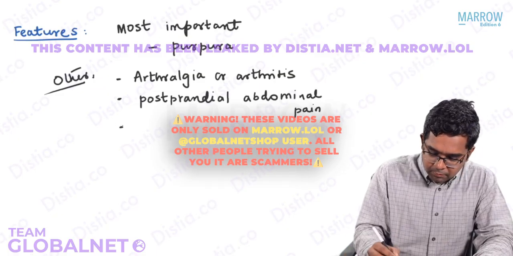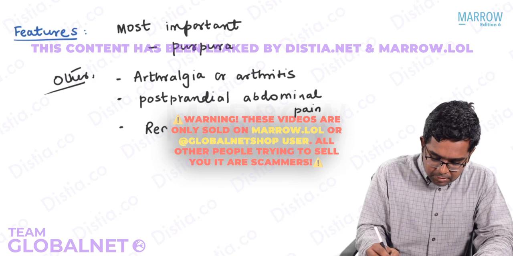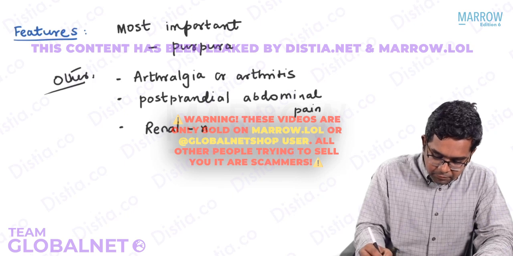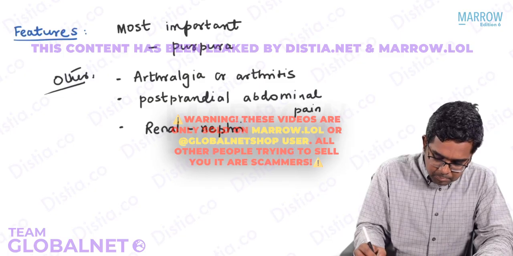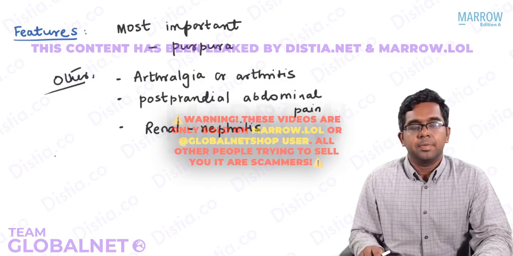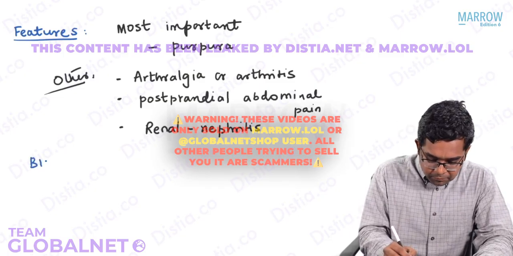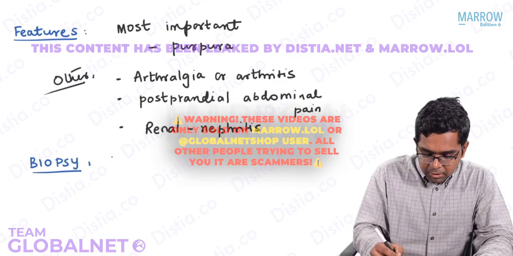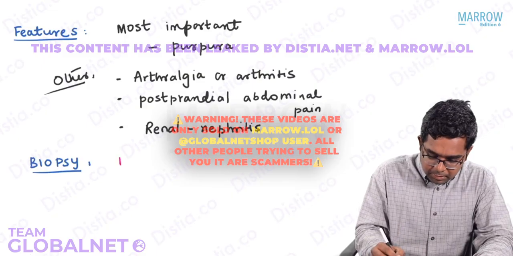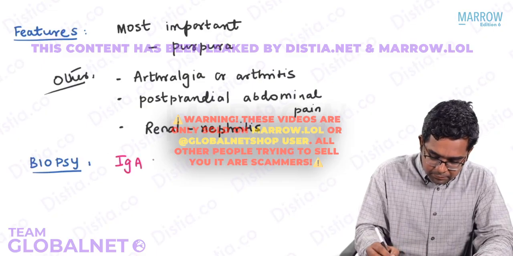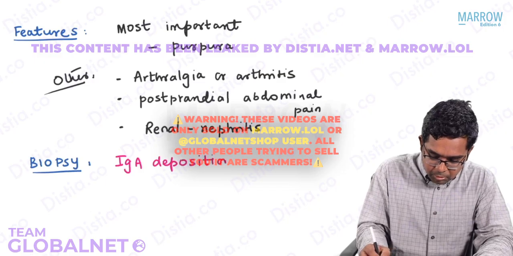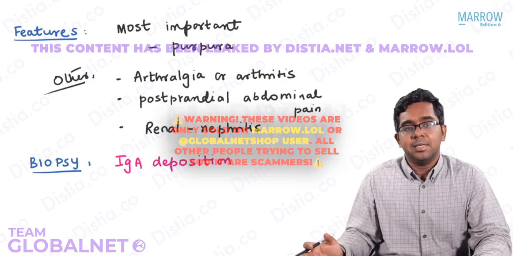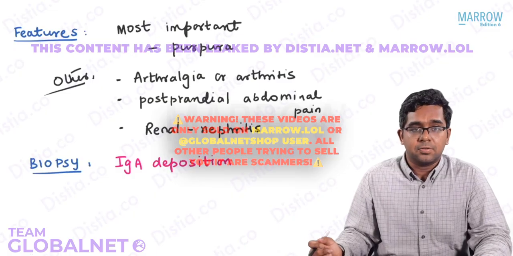And they can also have renal manifestations in the form of nephritis. And if you do a biopsy from the affected area, for example a skin biopsy, you will see the presence of IgA deposits in and around the blood vessel. So IgA deposition is the main feature which you notice on biopsy. That is why it gets the name IgA vasculitis.